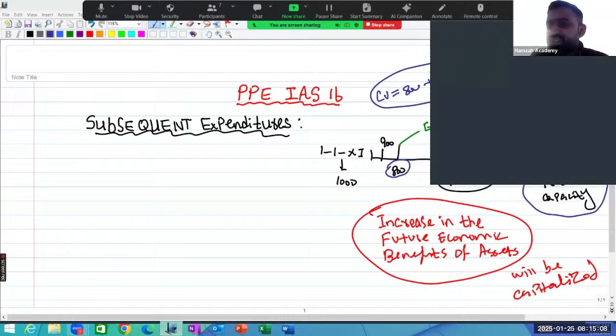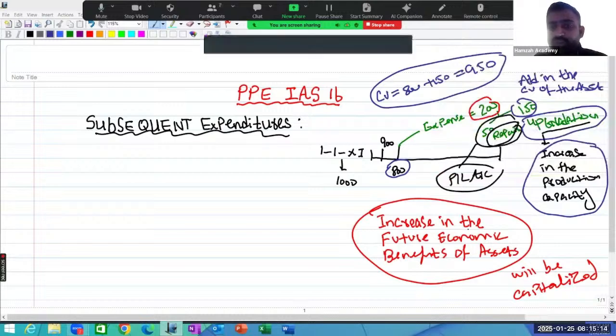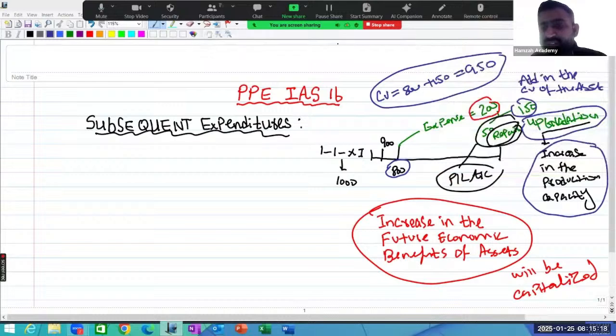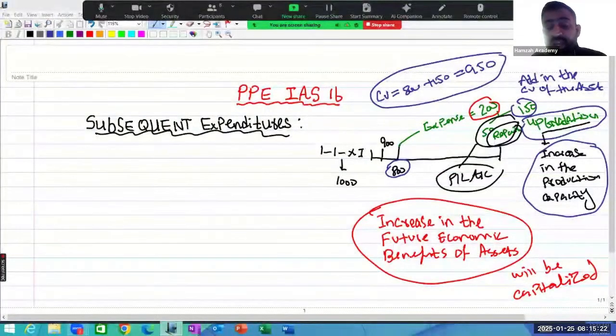There might be an increase in the quality of the product which is produced by that asset. So if anything is happening like that, that means the expenditure has increased the future economic benefit of the asset.